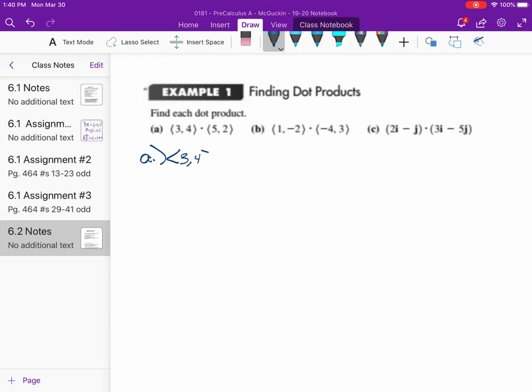So we have that <3, 4> dot <5, 2> can be written as 3 times 5 plus 4 times 2. Well, 3 times 5 is 15, plus 4 times 2 is 8, and we end up with a value of 23. And that is the real number scalar that we were expecting there.